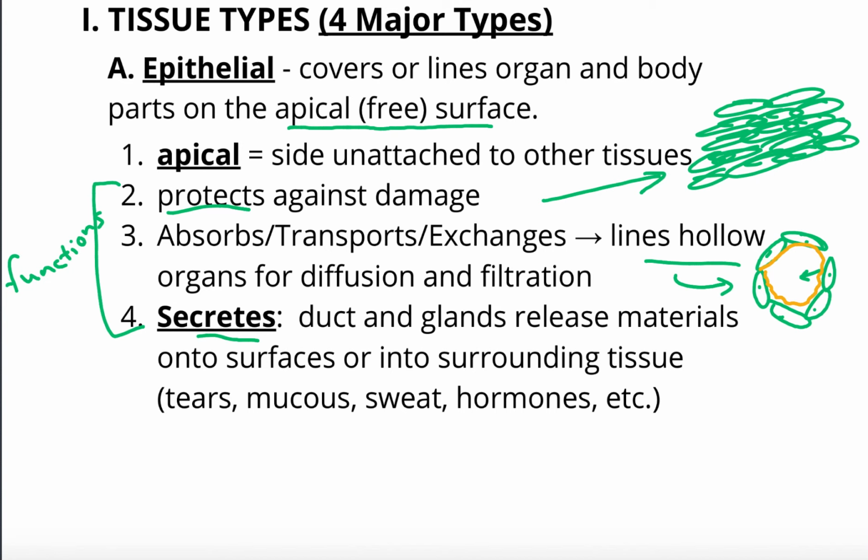You have mucus lining your lungs to help capture dirt and stuff. You also have this stuff lining your sweat glands to produce sweat. Secretions is just creation of materials that are going to be released into the outside or into fluid, like even your blood counts as a secretion. Anything made by a cell so it can flow into your blood is a secretion.